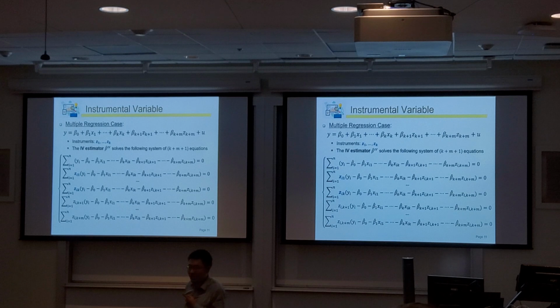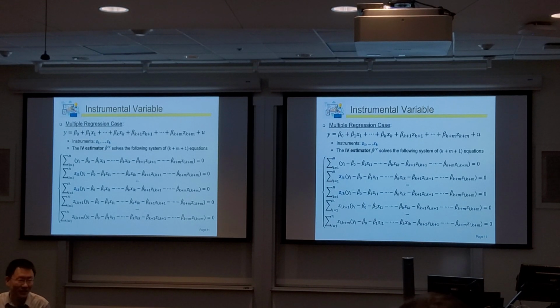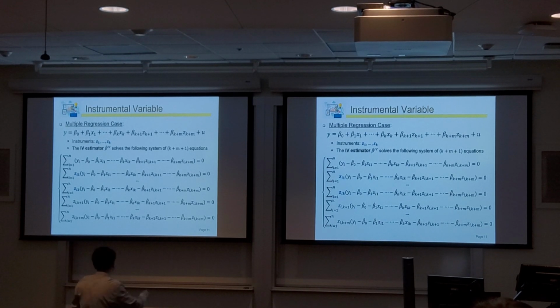For each endogenous variable, you need an IV. If you have multiple endogenous variables, your life is even harder, because it's hard enough to find one good IV, not to mention multiple good IVs. So you need at least as many IVs as the number of endogenous variables.